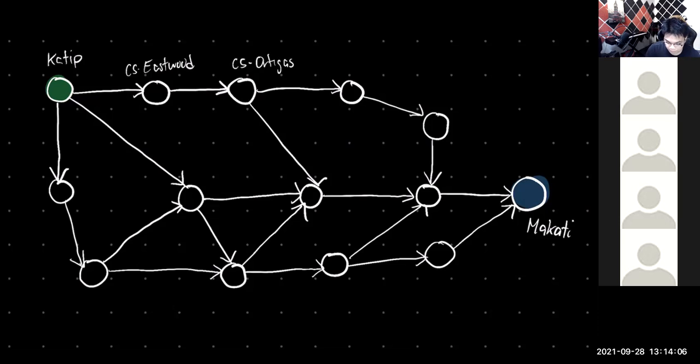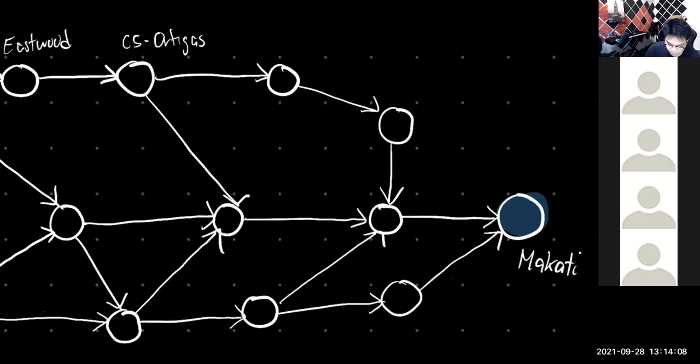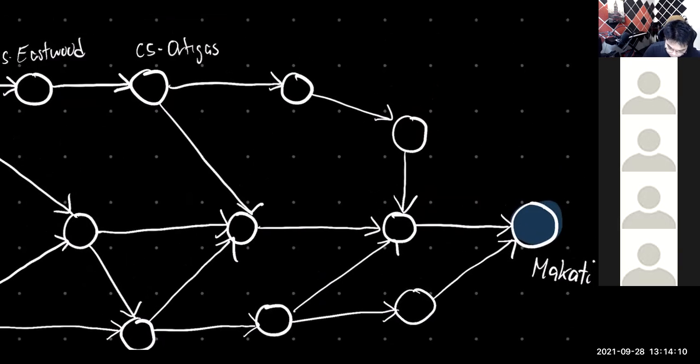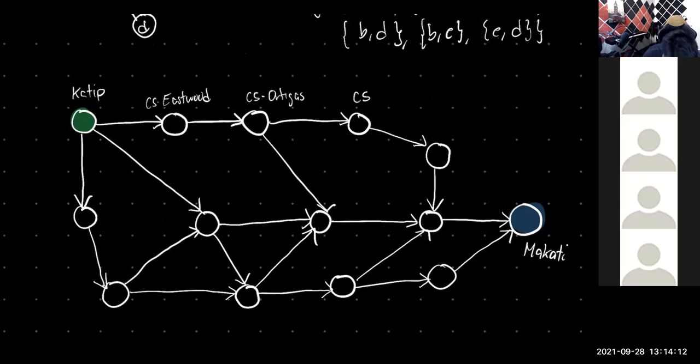Once you're past C5 Ortigas, you hit something like C5 Lanuza. And then you hit something like the C5 Taguig area. And then if you have to go through Makati, you have to hit BGC here.